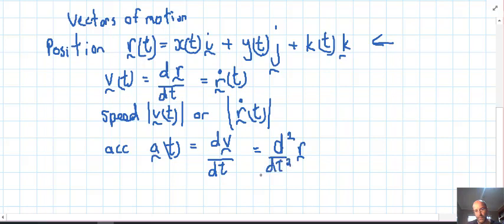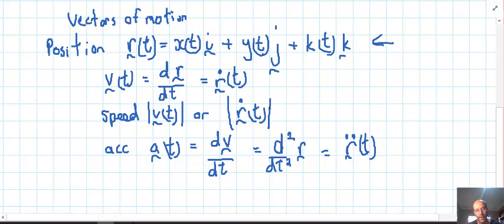So d squared r dt squared. It's also written as r double dot, noting the second derivative. And sometimes we're asked to take the magnitude of the acceleration, so it's just like what you see above.